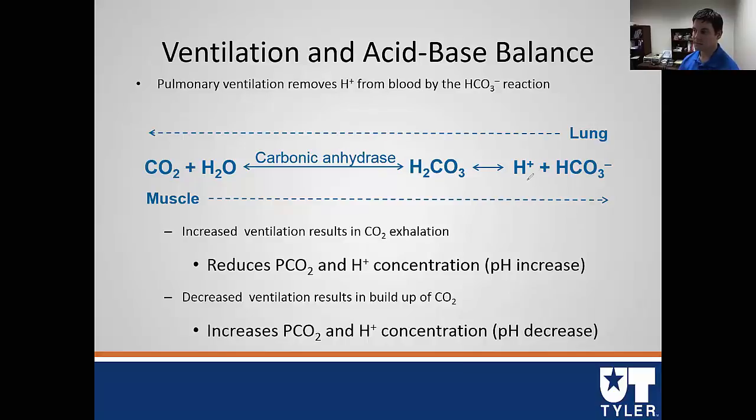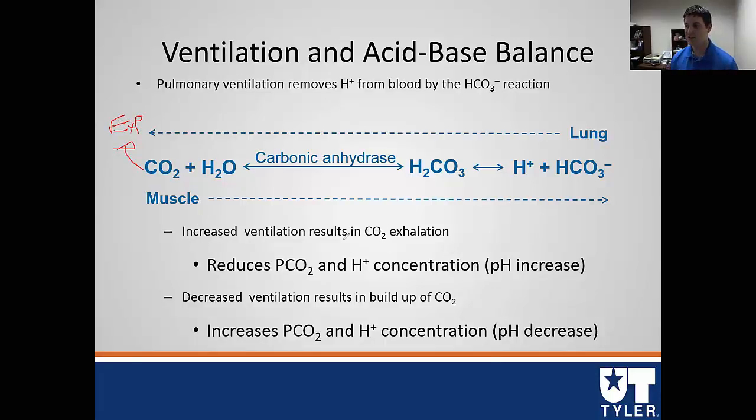So our hydrogen ions in the blood, again, can become carbonic acid. Then by the enzyme carbonic anhydrase, we can generate CO2 again, and therefore get rid of that through expiration. Right.